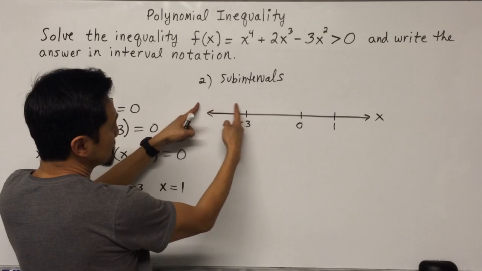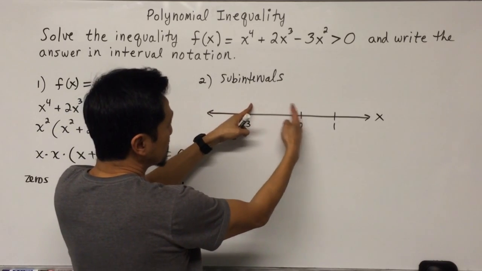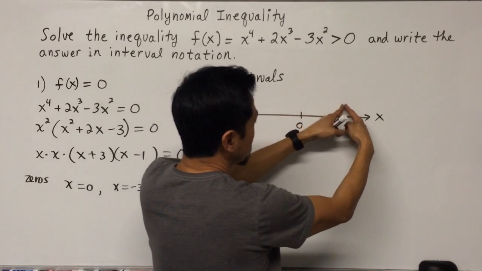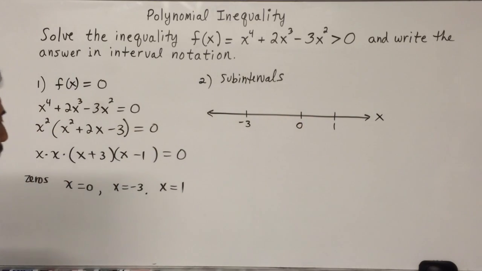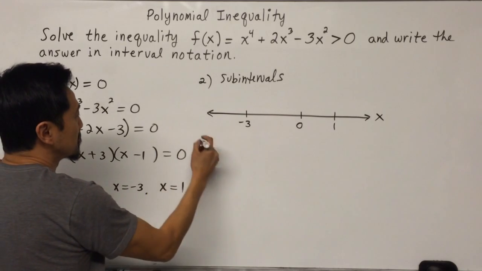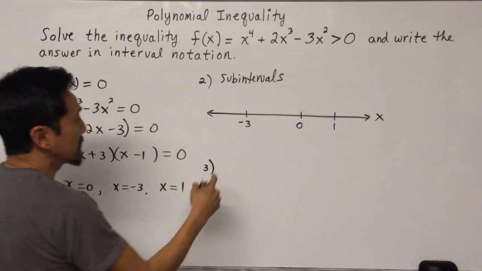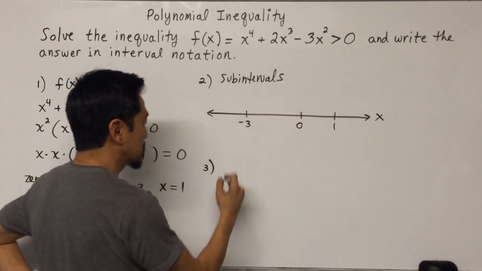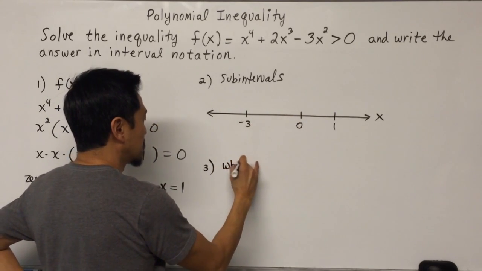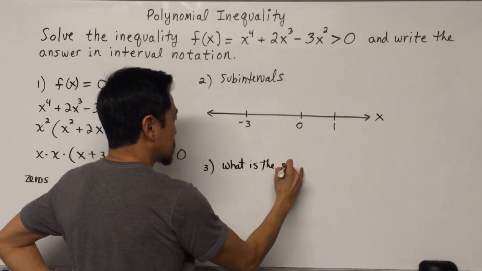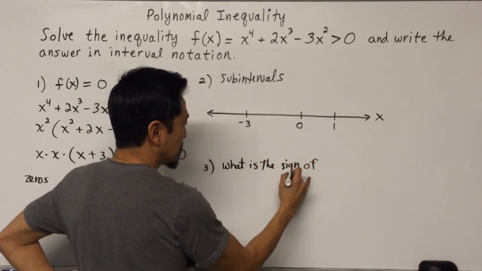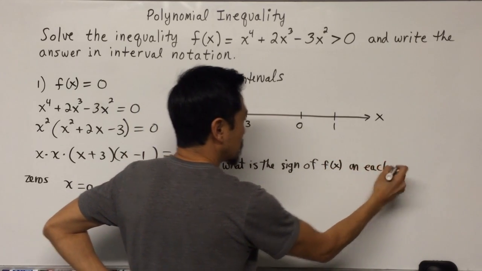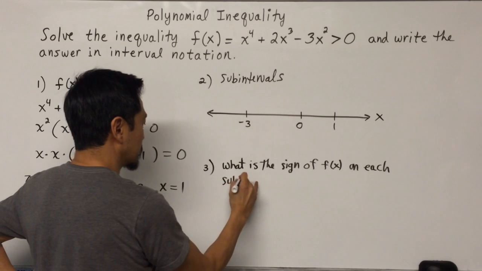X values that are less than -3, in between -3 and 0, between 0 to 1, and then greater than 1. Now, what we need to do is determine what is the sign of f of x on each of those 4 subintervals.